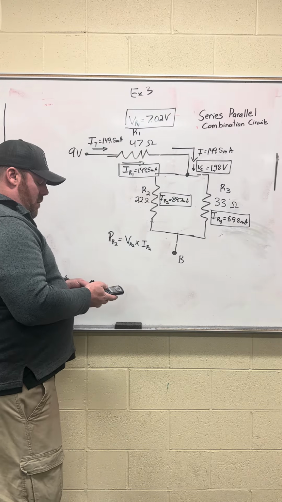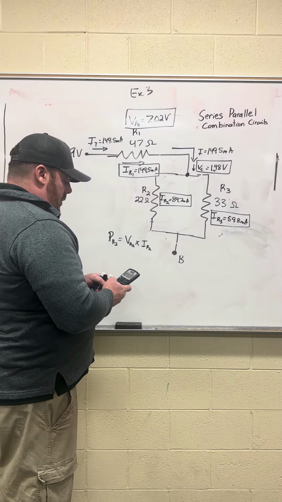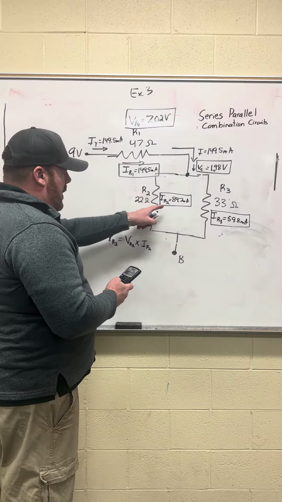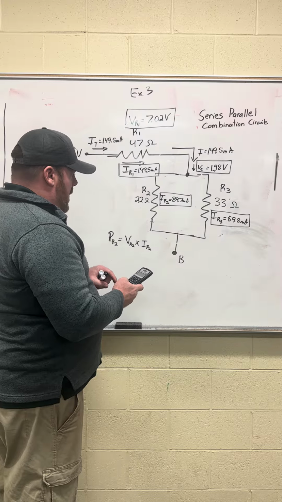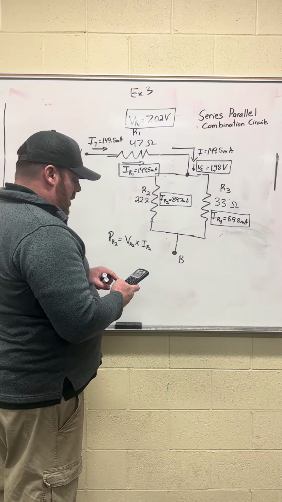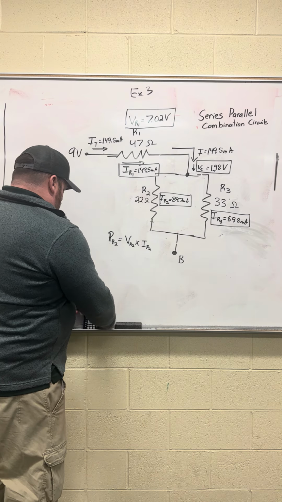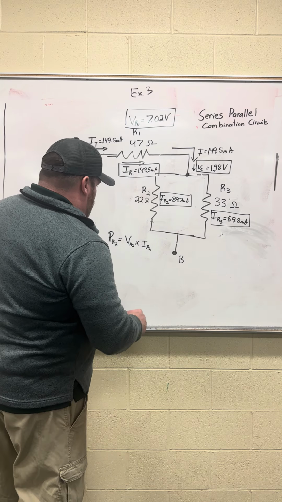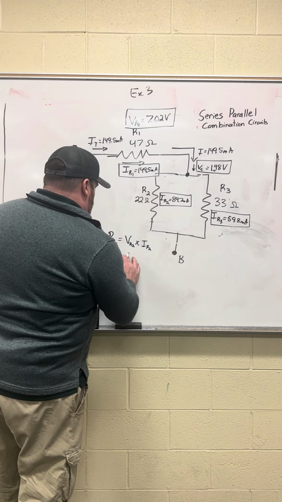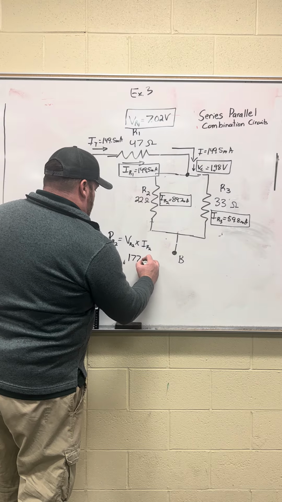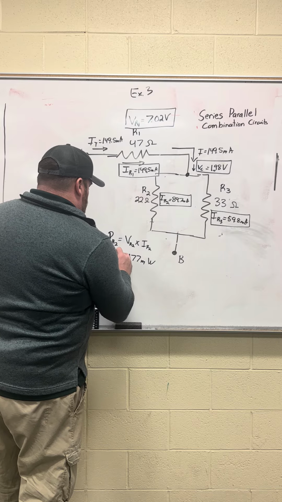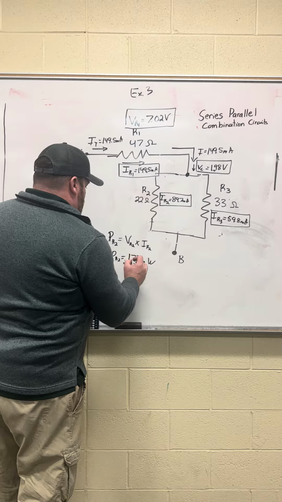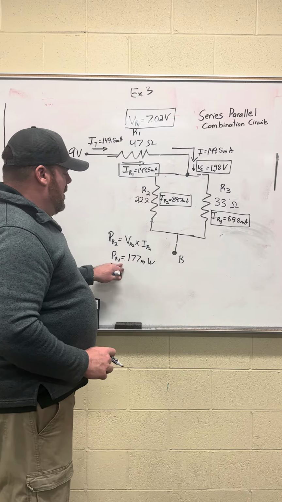So we know the voltage is 1.98. We're going to multiply that by the current of 0.0897. So the power consumption here would be 177 milliwatts. So that is the power consumed, dissipated by resistor 2.